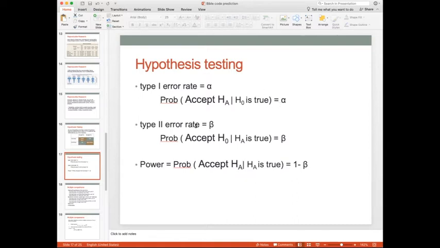The type 2 error rate is beta, the probability of accepting the null hypothesis when the alternative hypothesis is true. And the power is 1 minus beta. That is, when the alternative hypothesis is true, meaning there's a treatment effect, we actually find that there's a treatment effect. That's the power.